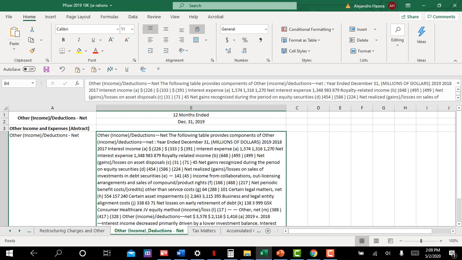If you go to the third line, it says interest expense, and to the right you'll see 1574. The explanation basically says interest expense for 2019 was $1,574. But let's see if it's in a worksheet so we can pull the number there.